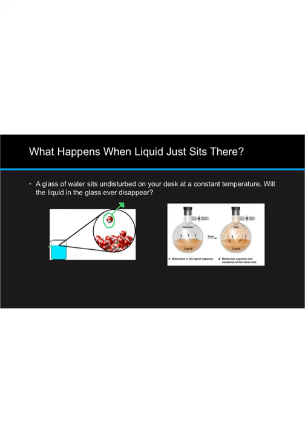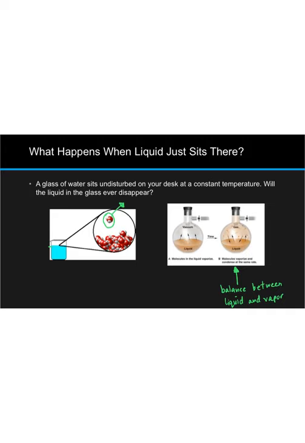And we would establish a balance between vapor particles and liquid particles. Because those vapor particles have nowhere to go, they just become trapped in the headspace above the liquid.